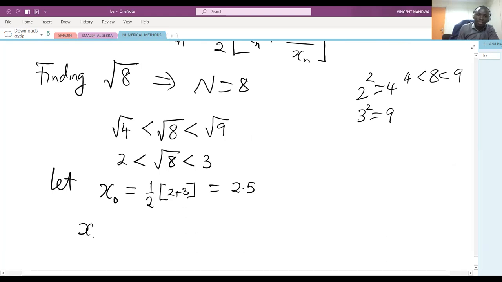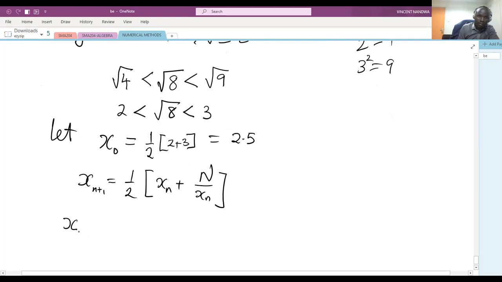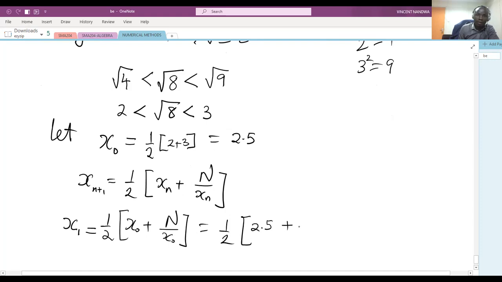Remember, xn plus 1 is a half into xn plus n over xn. So x1, when n equals 0, will be a half into x naught plus n over x naught, which will be a half into 2.5 plus 8 over 2.5. This gives 2.85.